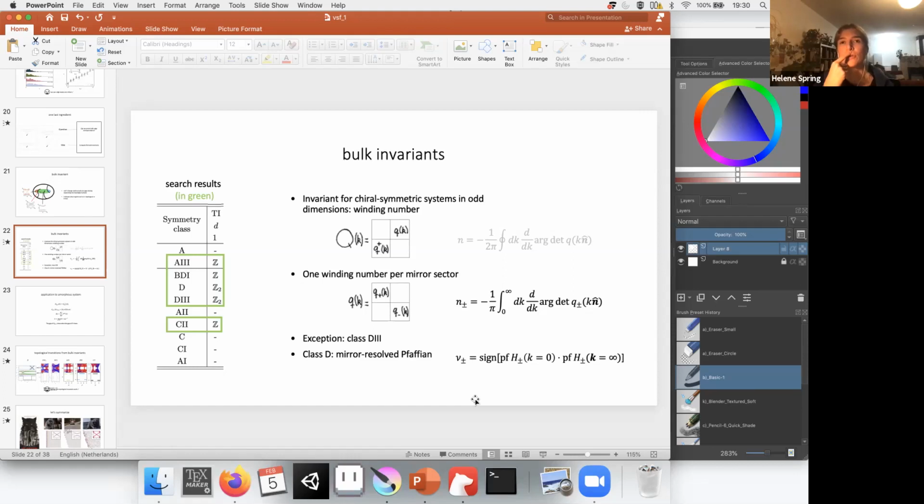So what we do is set one of the components of the K vector to 0, for example, and then perform the integral on a line from 0 to infinity that is mirror invariant. Is there any problem with choosing infinity?